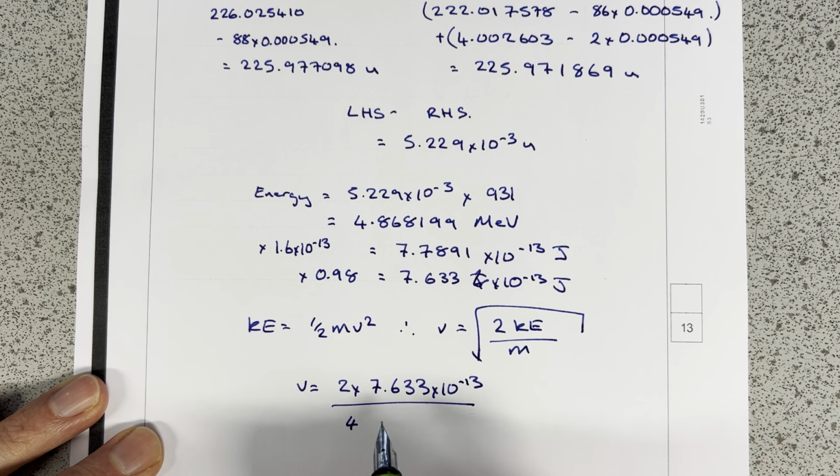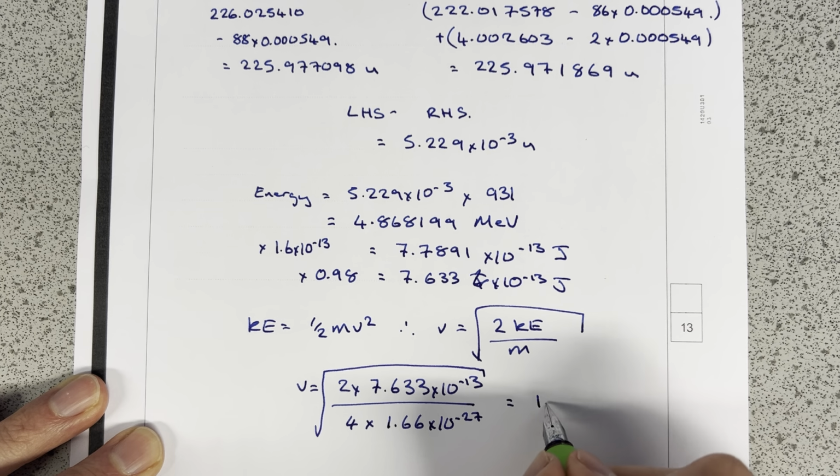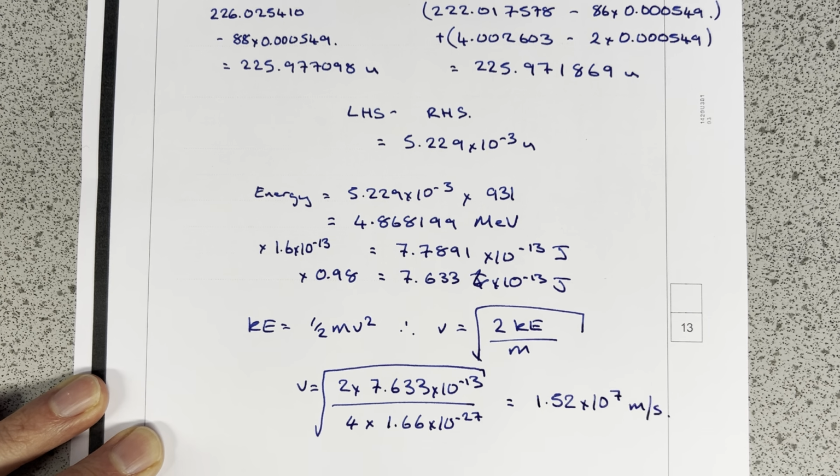It'll be close enough in this case that we can do that. So 4 times u off your data sheet as 1.66 times 10 to the minus 27, all square rooted. And when your calculator is finally finished with that, it'll be 1.52 times 10 to the 7 meters per second.